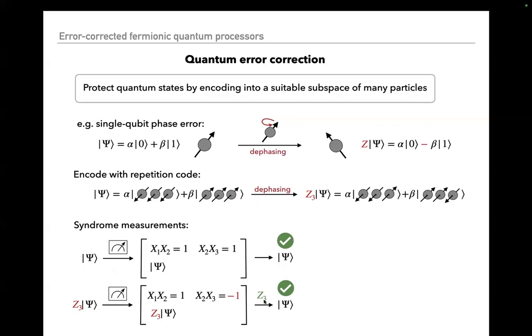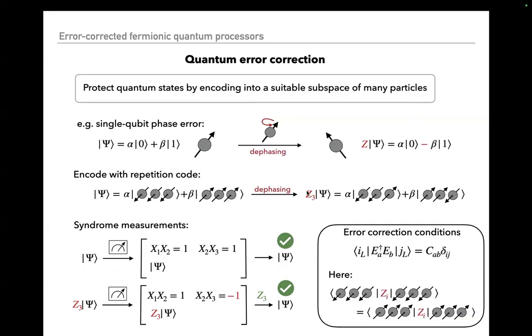You apply a corresponding Z3 operator to correct the state in a post-processing step, and you can again pass along the correct state. This shows that if you suitably encode and do the correct measurement, you either project into a good subspace or into a bad subspace. But if you project into the bad subspace, you also know which subspace you projected into, and you can reverse the operation.